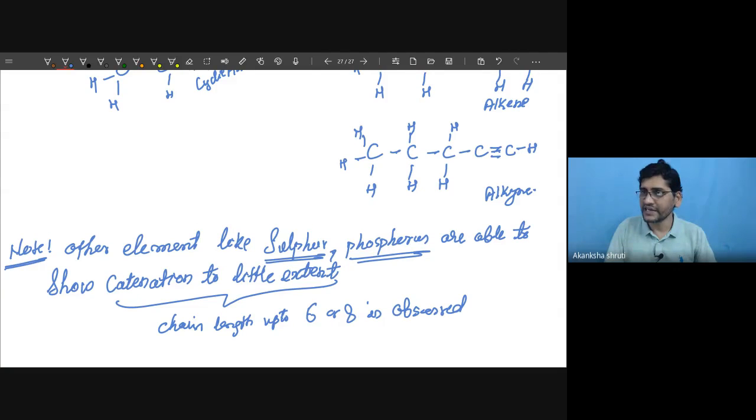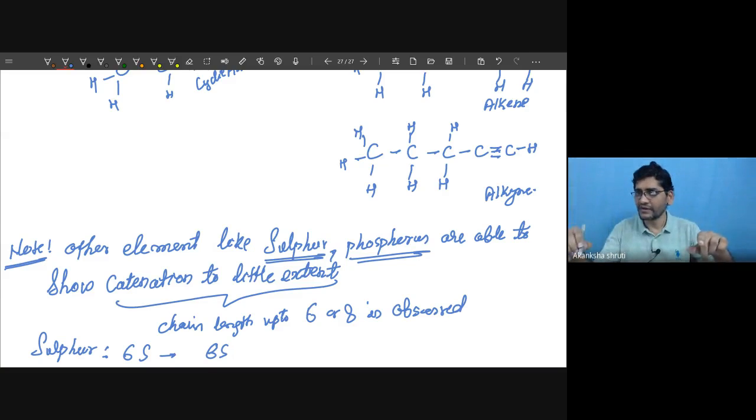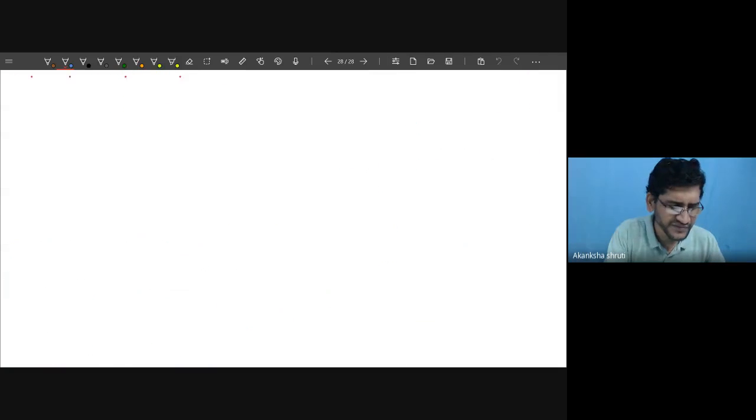One more is silicon, but those things are not in your scope. If we take sulfur, 6 sulfur atoms are able to attach, even 8 sulfur atoms are able to attach among themselves to form a ring-like structure.